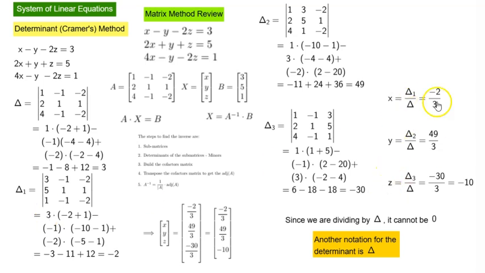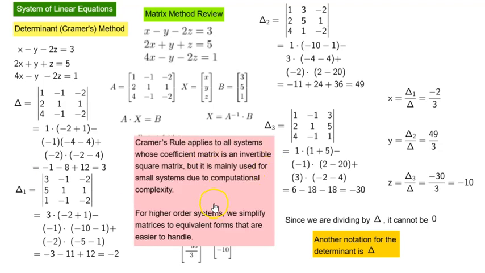Cramer's method reduces that effort to a large extent, but again, only to a certain extent. That is, when we are talking of 2 by 2 or 3 by 3 matrices. So Cramer's rule applies to all systems whose coefficient matrix is an invertible square matrix, but it is mainly used for small systems due to computational complexity.